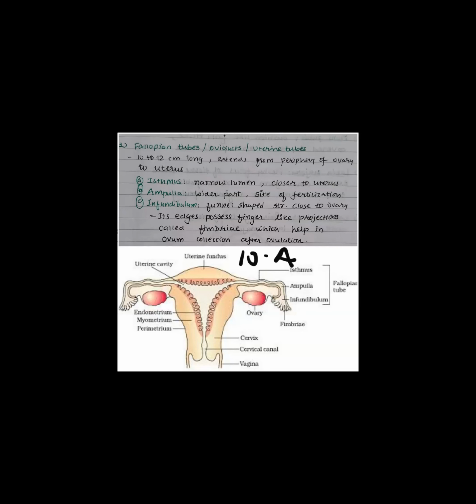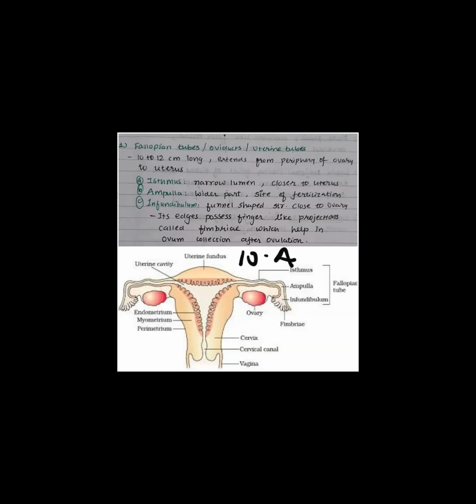Oviduct, uterus, and vagina are accessory ducts. If you remember, in a male individual, we had epididymis, vas deferens, ejaculatory duct and urethra as accessory ducts. Here, the accessory ducts included are oviducts, uterus, and vagina. Let's talk about them, starting with the first one, oviducts. Oviducts are also identified as uterine tubes.